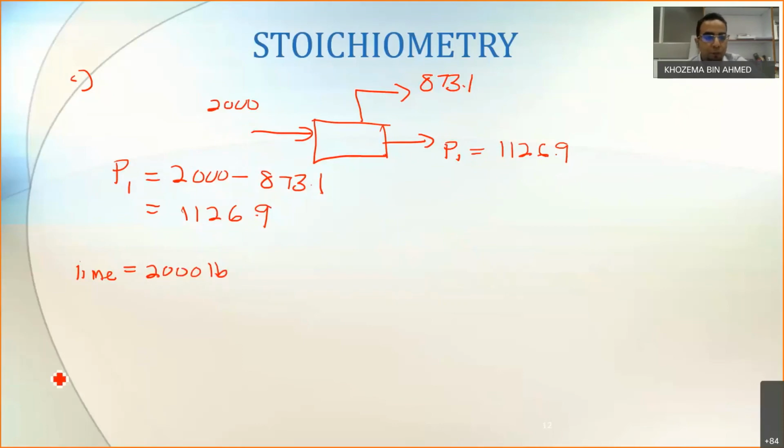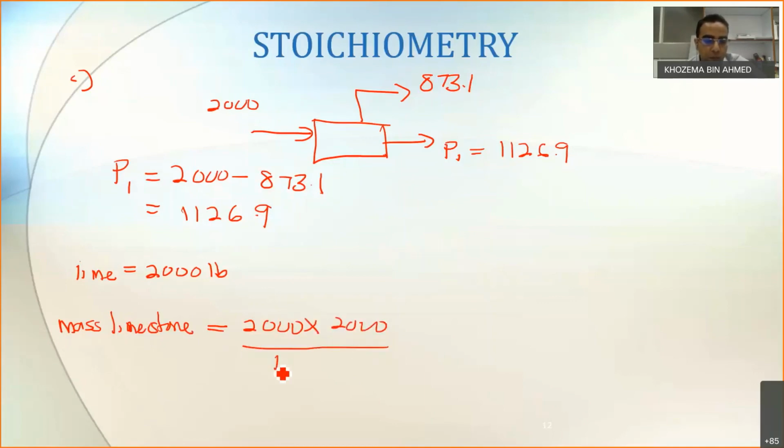So if we do a ratio, in order to get 1 ton or 2000 pound of lime, the mass of limestone needed is equal to 2000 times 2000 over 1126.9.